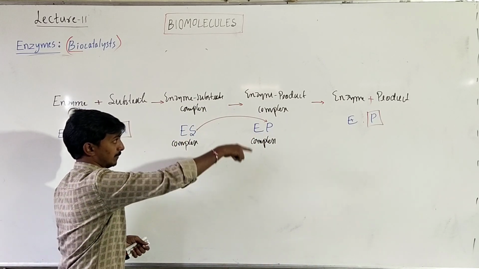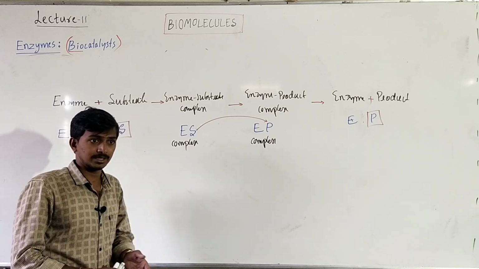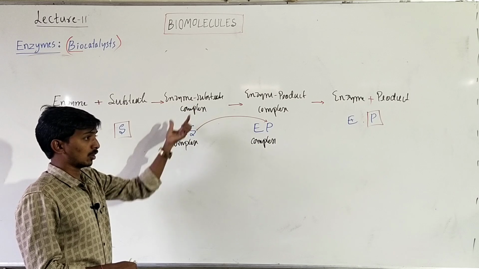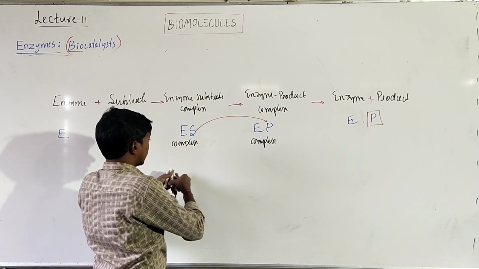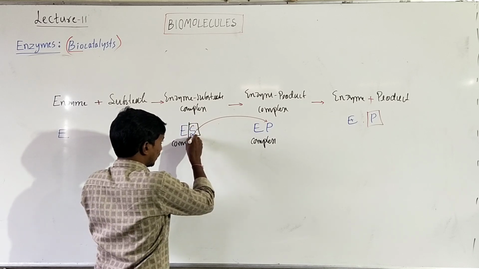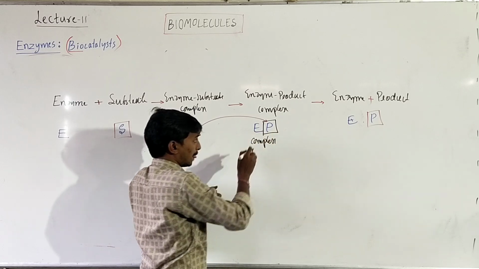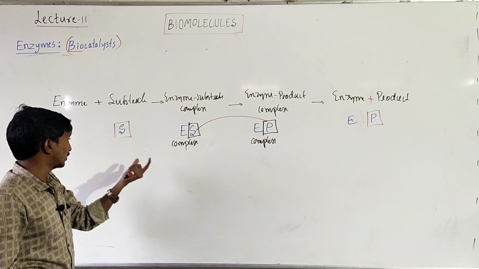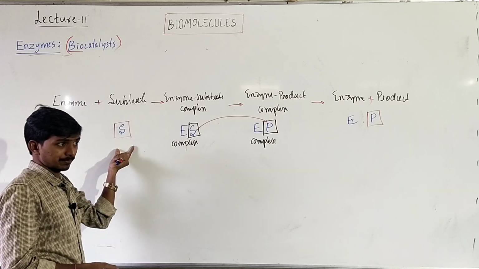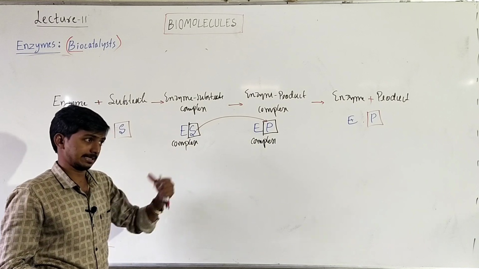This step is very important, where many chemical changes take place in the enzyme substrate complex and the structure of the substrate converts into the structure of the product. We want a product from the substrate, so the main thing goes on between these two complexes.